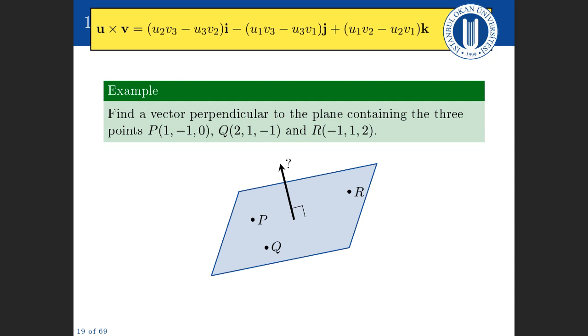Next example. Find a vector which is perpendicular to the plane containing the points P, Q, and R. Now we could find vectors in the plane easily. We could find the vector from P to Q, we could find the vector from P to R. How could we find a vector which is perpendicular to both of those vectors?